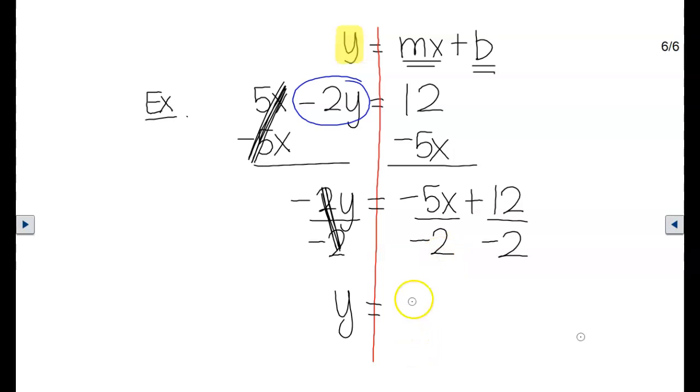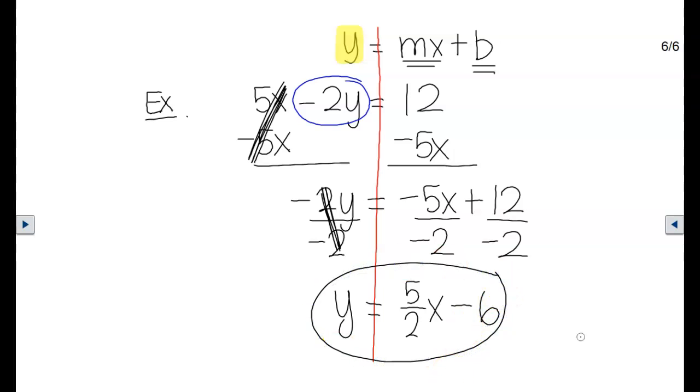Negative 5 divided by negative 2 becomes a positive 5/2. And then positive 12 divided by negative 2 becomes a negative 6. And now we can see our old buddy, y equals mx plus b. My slope for this line would be 5/2. My y-intercept for this line would be negative 6.